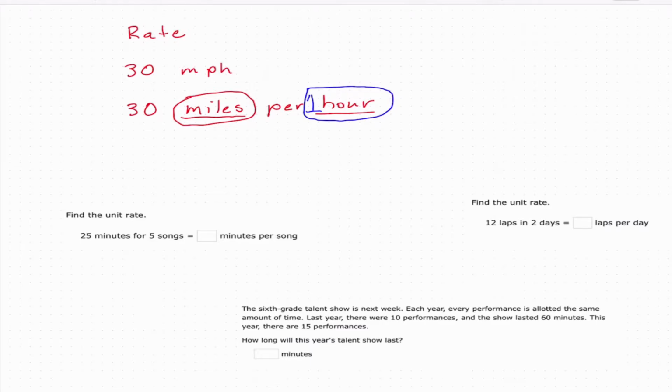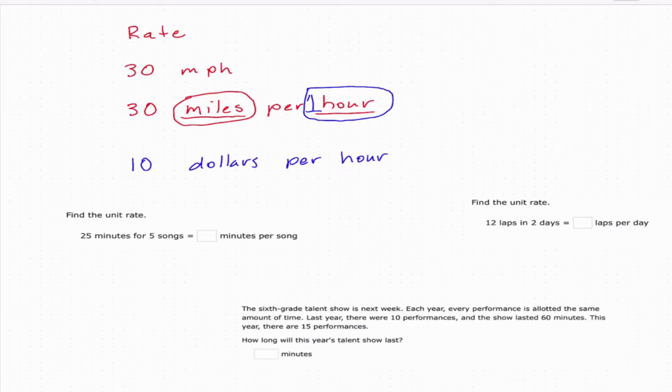Another example that we use just about every day would be how much we get paid on our job. So if we get paid $10, I'm just going to write it out so we can think about those units. If we get $10 per hour, what does that really mean?